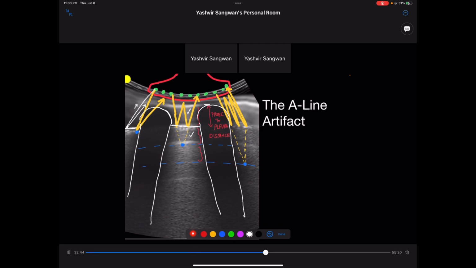The amount of reflection is so rapid and so much in intensity that sometimes a wave comes out of a piezoelectric crystal, gets reflected from the pleura, hits the casing of your probe, gets reflected down again, and then gets reflected from the pleura and comes back and hits a piezoelectric crystal.